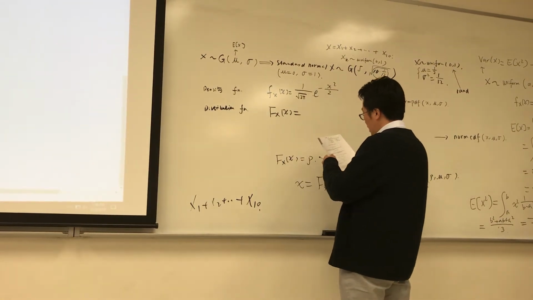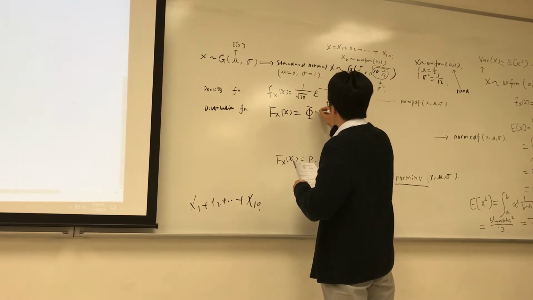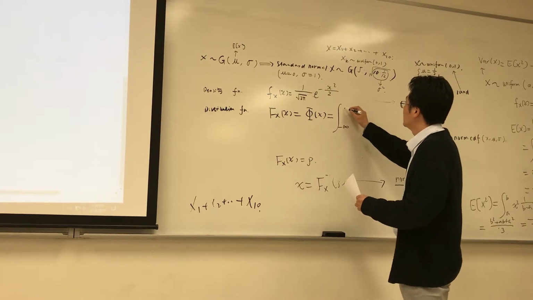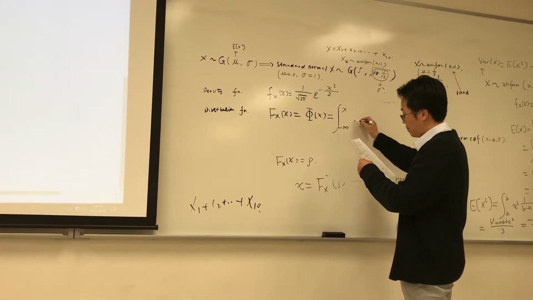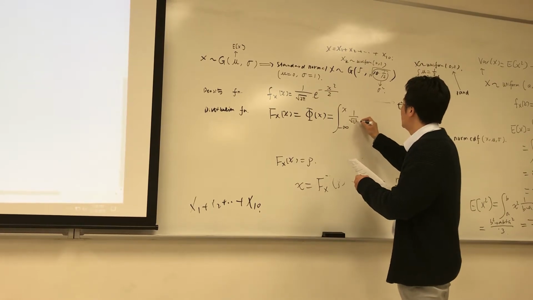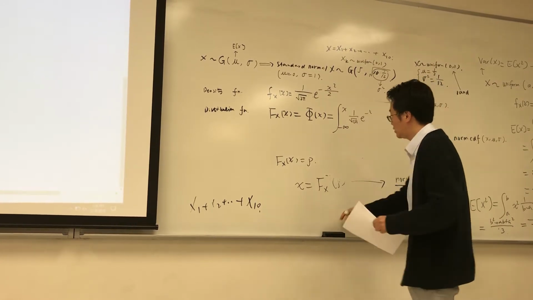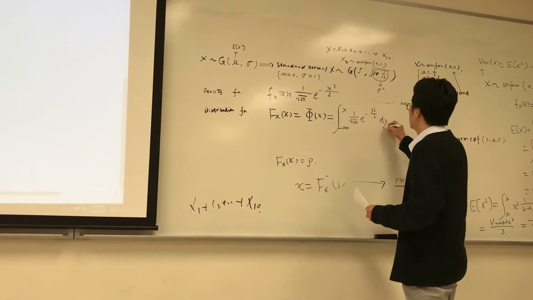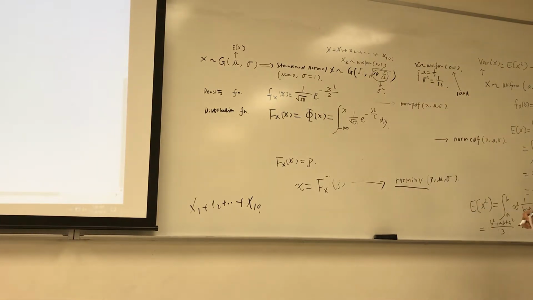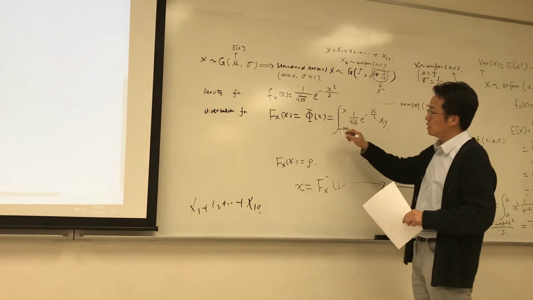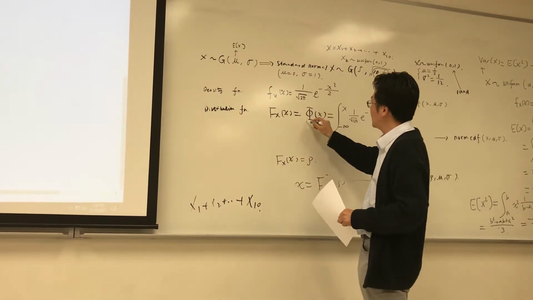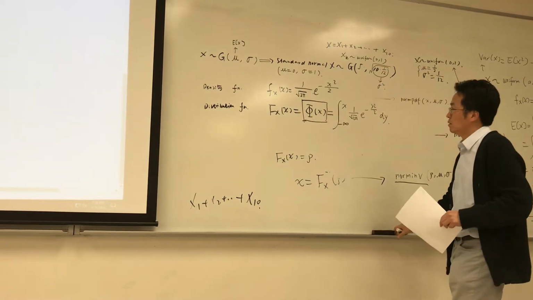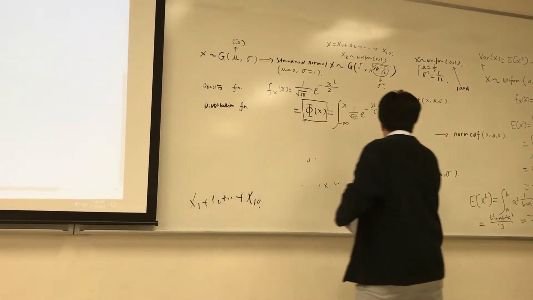It will be from minus infinity to x of 1 over square root of 2 pi, e to the minus y squared over 2, dy. So this is the distribution function for this standard normal distribution.